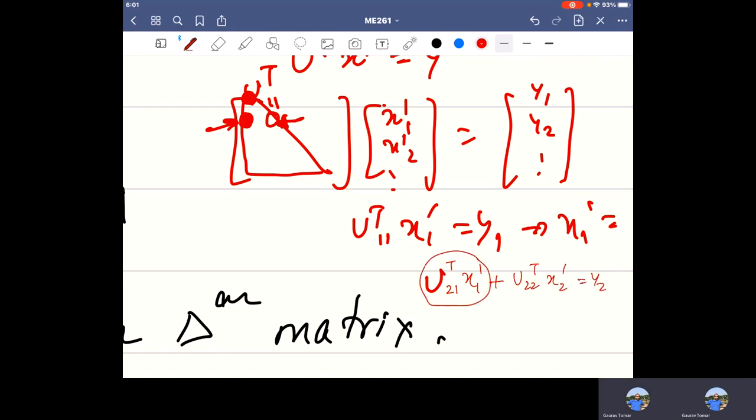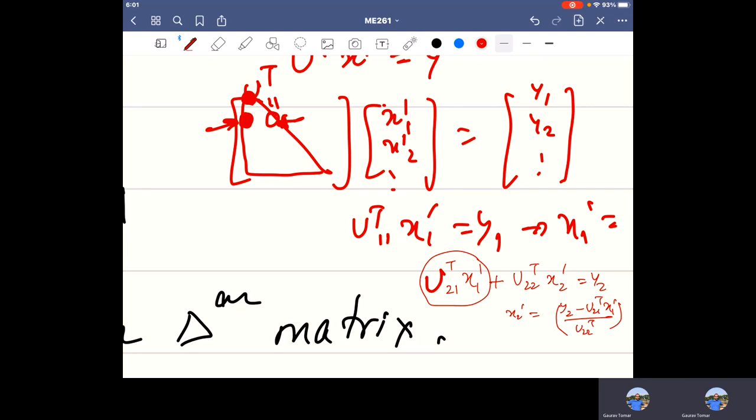Because you know x1 prime, you take it to the other side and solve for x2 prime. This is y2 minus U21 transpose x1 prime, divided by U22 transpose. You can solve for x2 prime like this, and similarly you can continue.